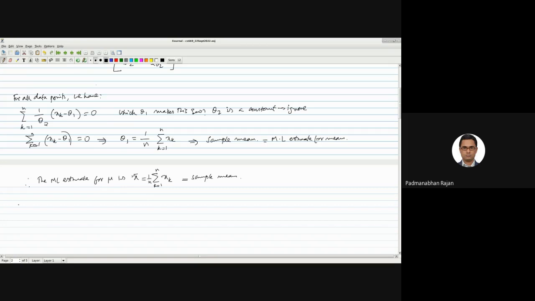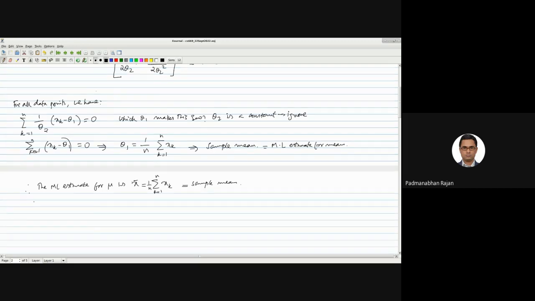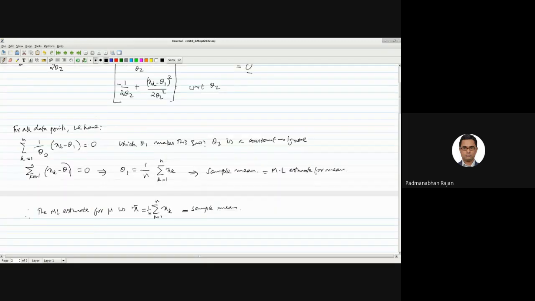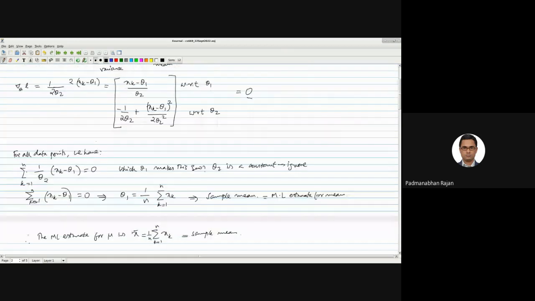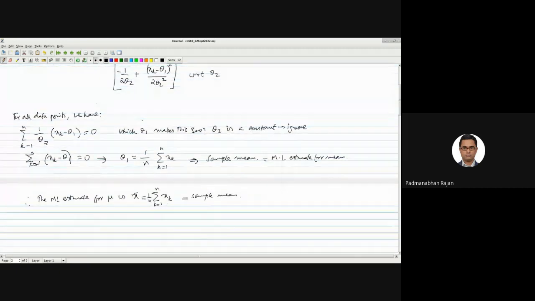What about the variance? Coming to variance, we will equate this term to 0. So I can actually remove the 2. Let me write this down here.